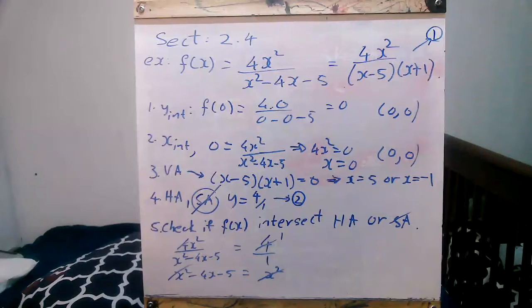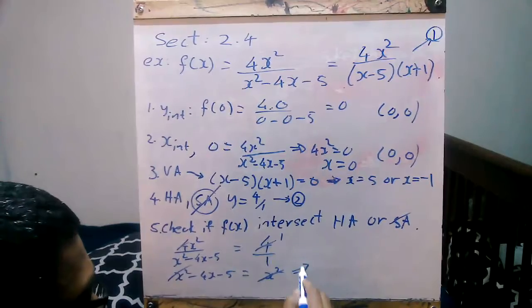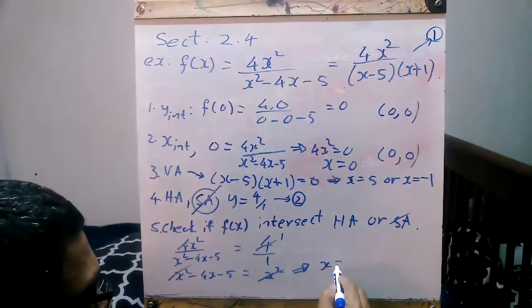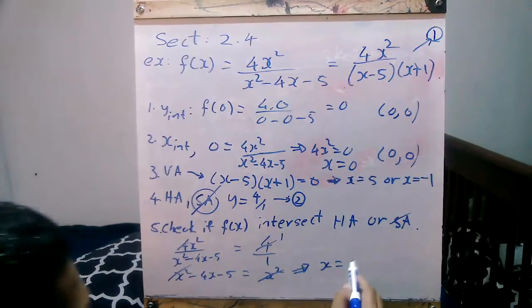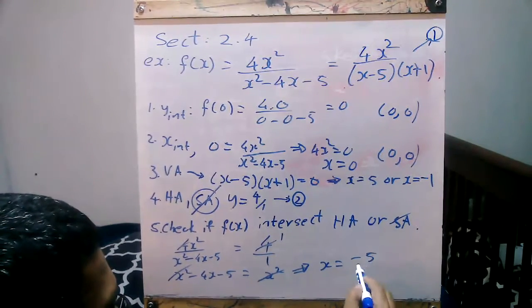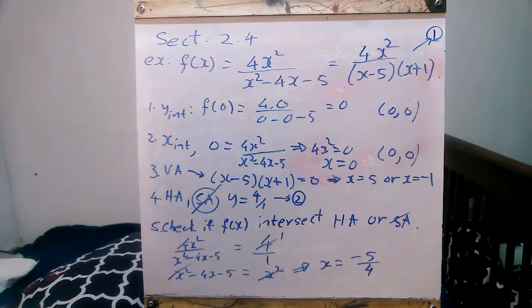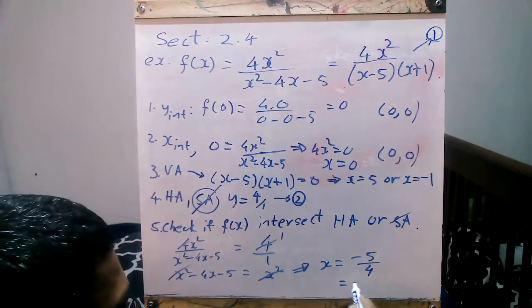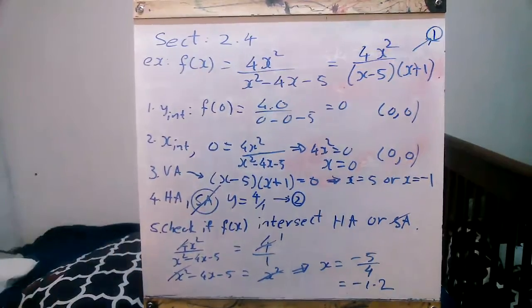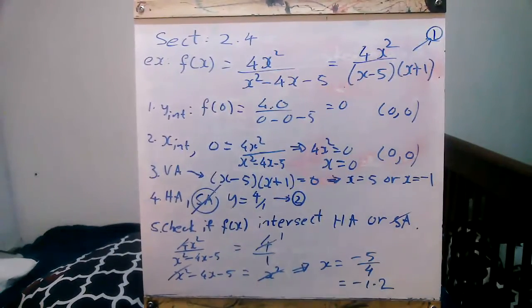This cancels out, and this implies x equals negative 5/4. I divided that number, it is negative 1.2. We can use this as negative 5/4, but to make it short, I write it as negative 1.2, right?